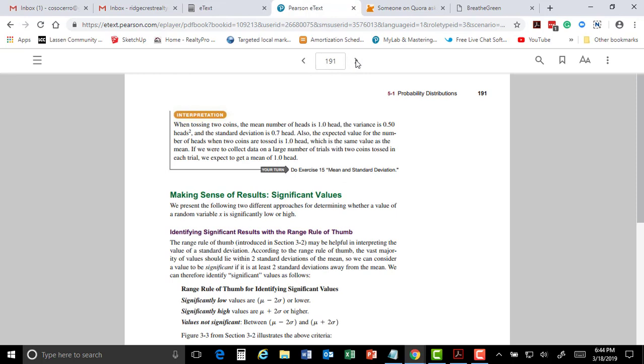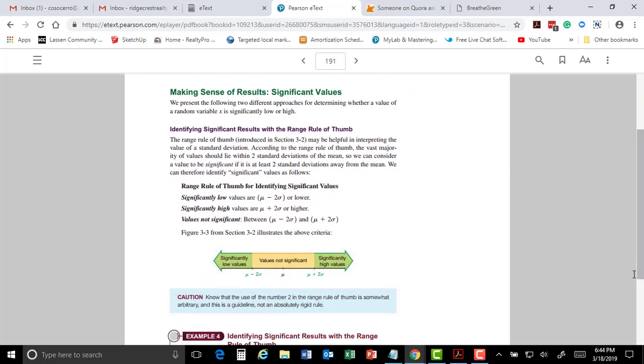Okay. Now, here's the result of just the range rule of thumb. So let's take care of that business because I didn't remember it. Sometimes you don't use things for a long, long time. It says the range rule of thumb is mu minus two deviations. You see this putting a boundary around mu.